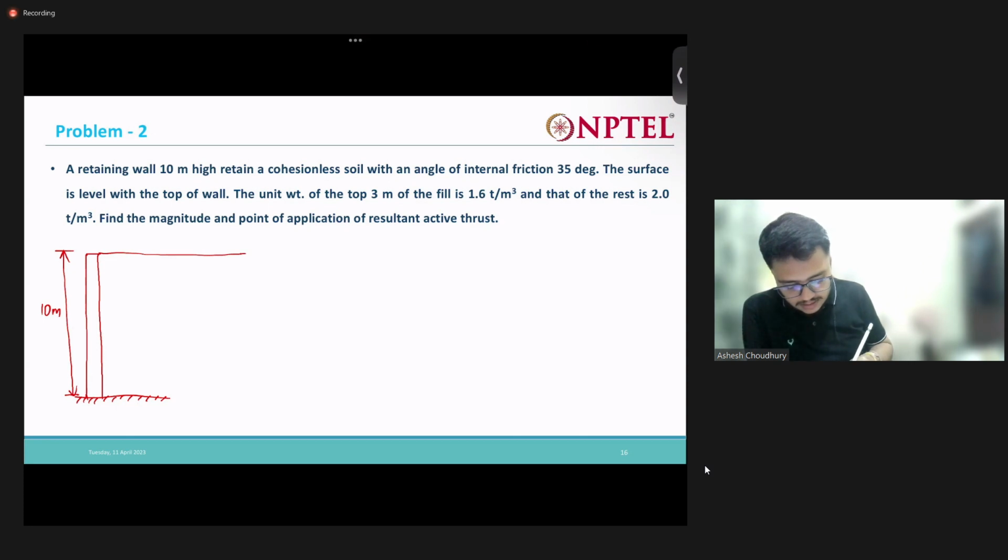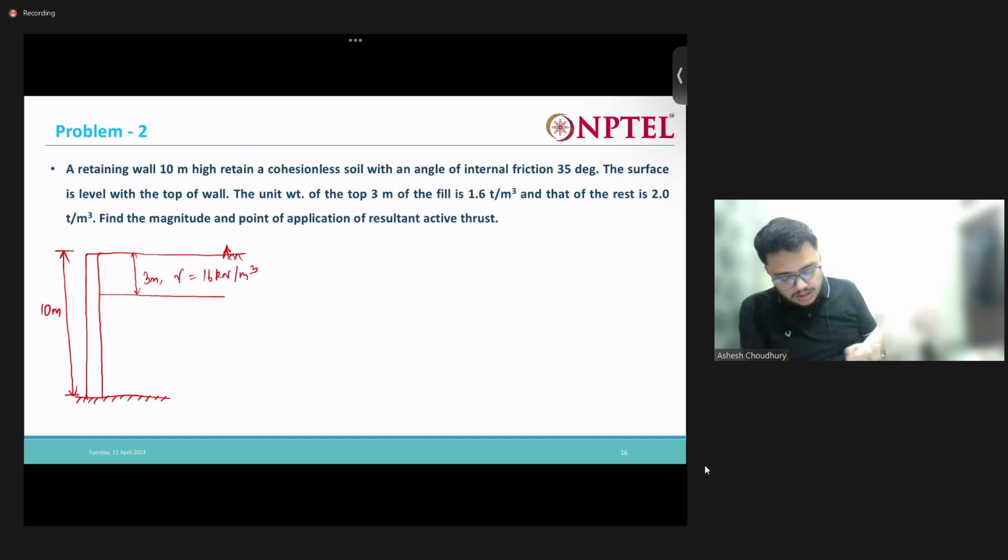Okay, the surface is level with the top of the wall. The unit weight of the top 3 meter of the fill is, so this top 3 meter, gamma is 16 kilonewton per meter cube, and for the rest 7 meter my gamma is 20 kilonewton per meter cube.